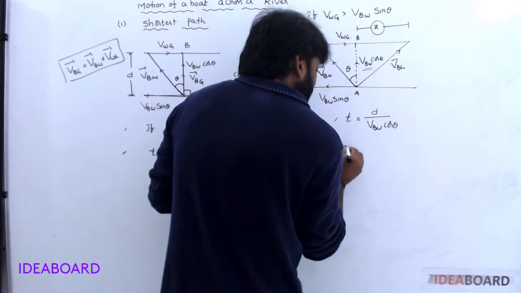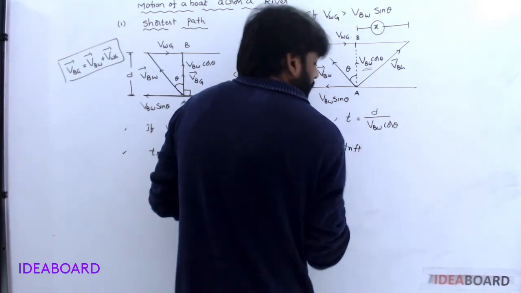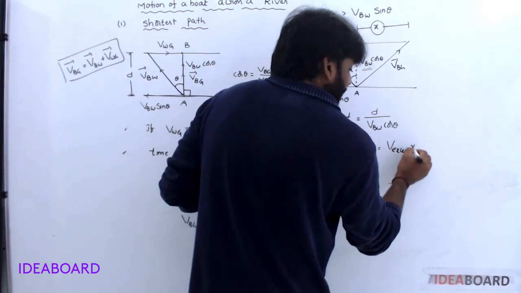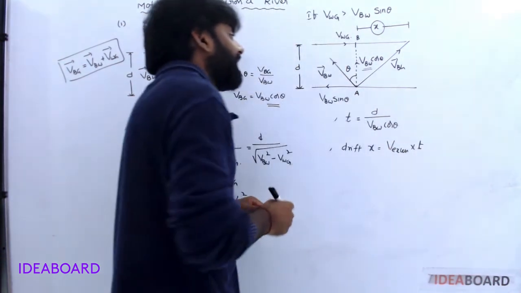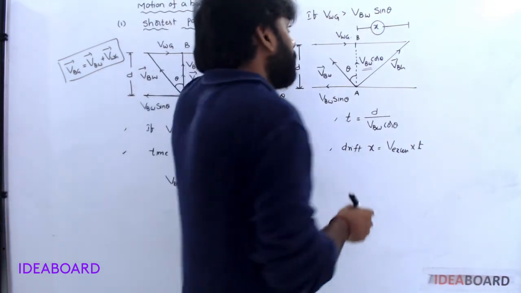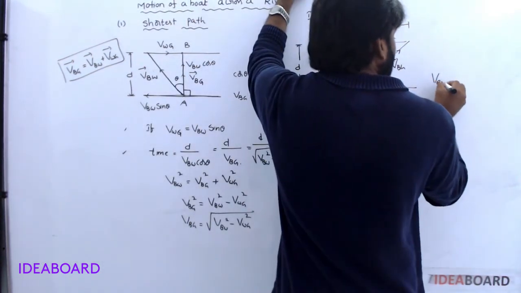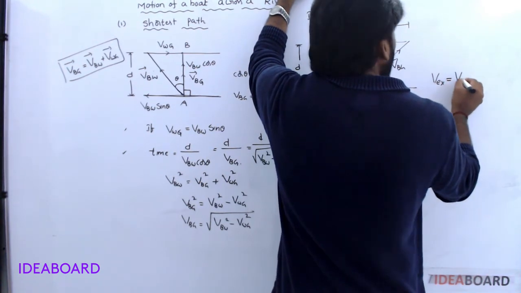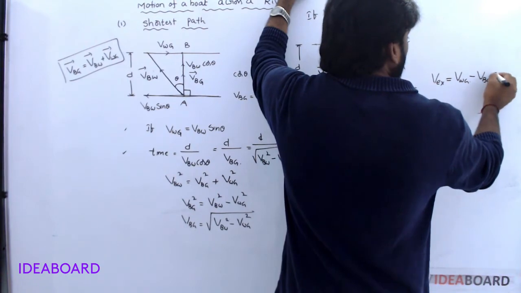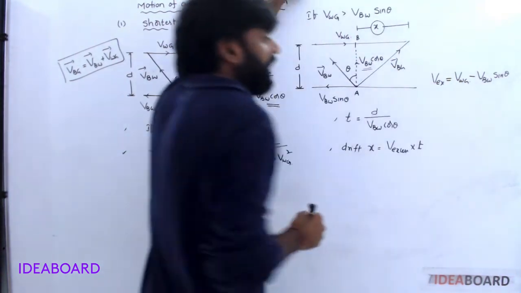Next, here drift x is equal to excess velocity into time. What is the excess velocity? Water with respect to ground minus boat with respect to water into sin theta. Understood?